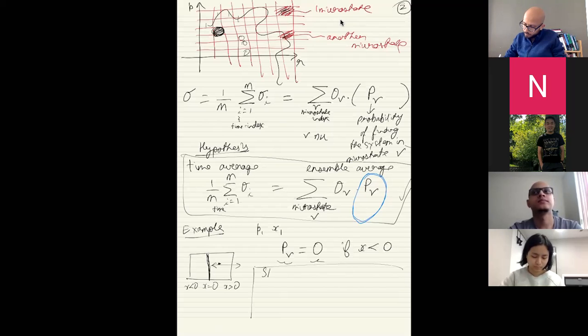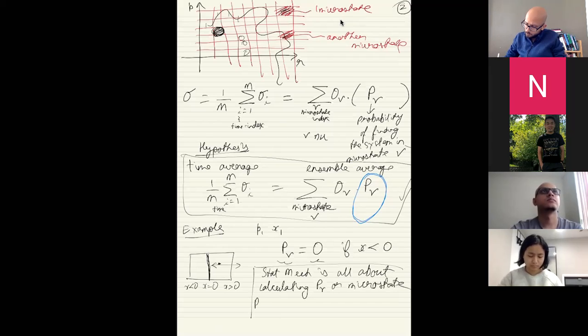But more generally, StatMech is all about calculating P nu, or the microscopic, or microstate, probability distribution.